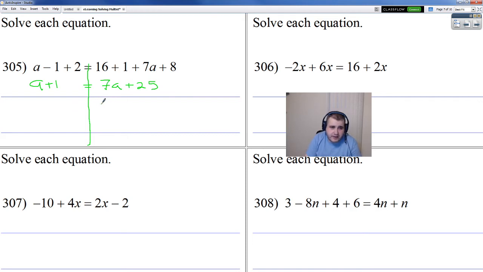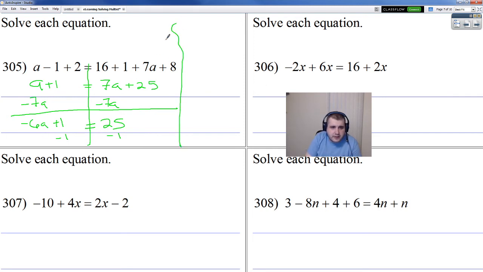I say, all right, well, look, 7a, I'm going to subtract that over to the left. Look what I've got. I've got negative 6a plus 1 equals 25. So look, I got the number by itself already. The variable is by itself over here. All I got to do is get this number over here, and then I'm in business. And look what I've got now. I've got negative 6a equals 24.